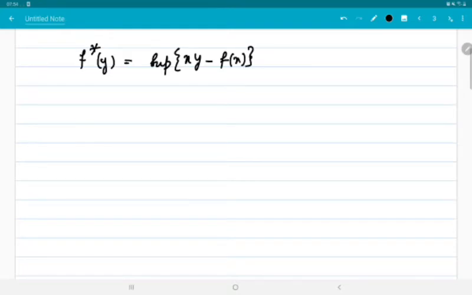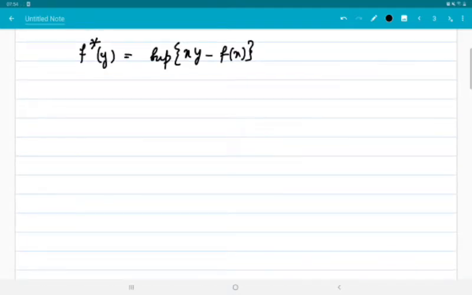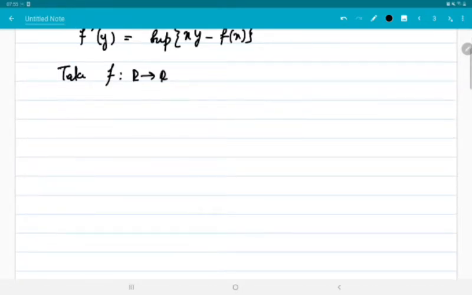We do it for one dimension, because if our x is one dimensional, f(x) is one dimensional, that is the case we are going to consider, and such a case has a special name, Legendre transform. We say that the Legendre transform of f(x) is f star y if f is from R to R.